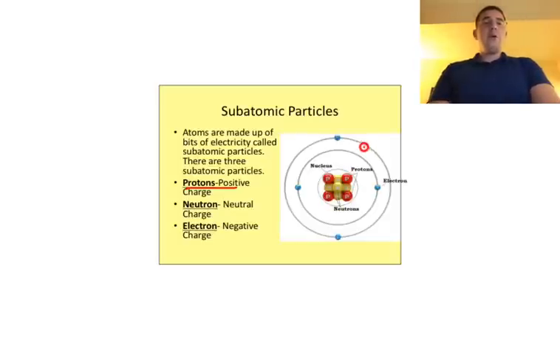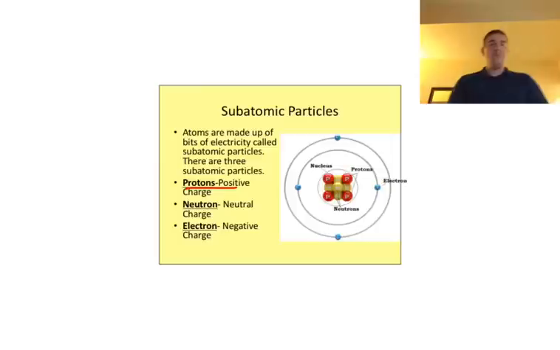The outer part of the atom is called the orbital. Now let's take a look at the nucleus, the inside part of an atom. The nucleus contains both protons and neutrons. Those are the type of subatomic particles you're going to find on the inside of an atom, the nucleus.